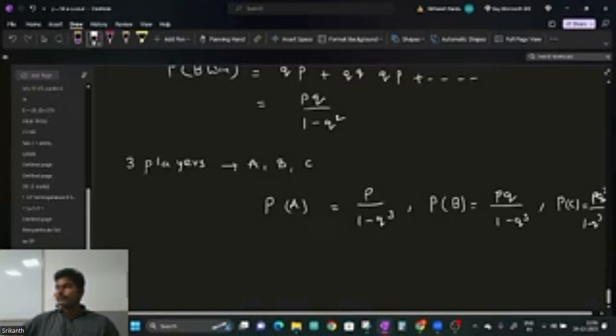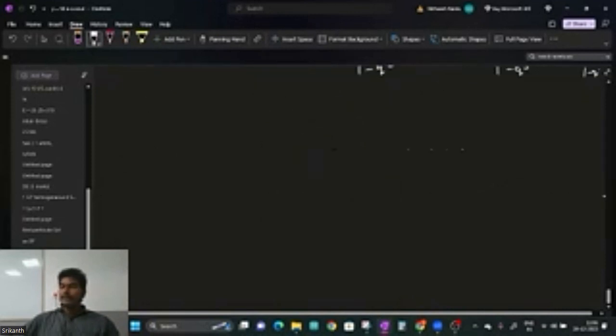Understood? So here you understood that it is Q power 0, Q power 1, Q power 2. First person Q power 0, second person Q power 1, third person Q power 2. The power of Q is always one unit less than that person's number. So we can generalize this thing. Now we are generalizing.